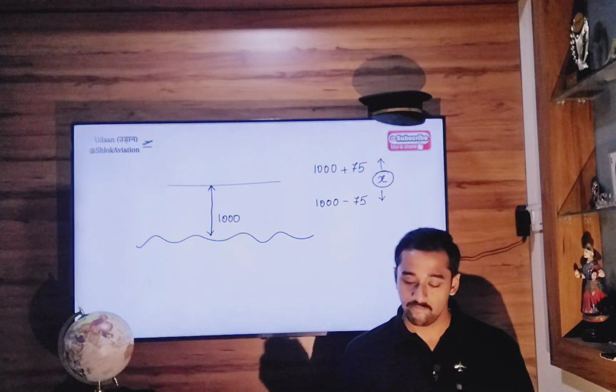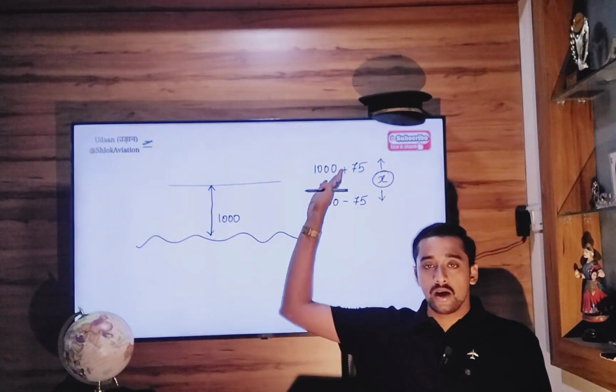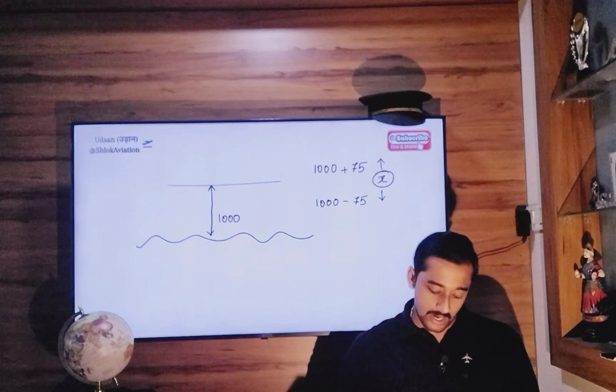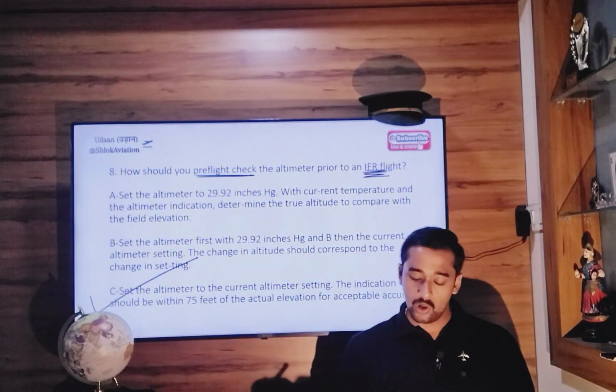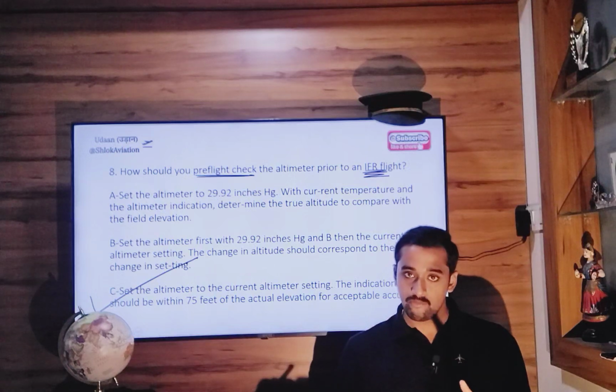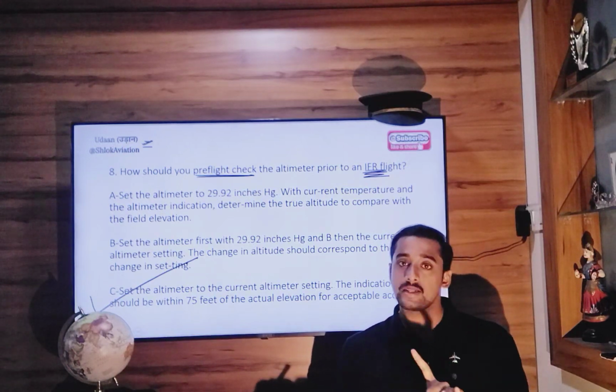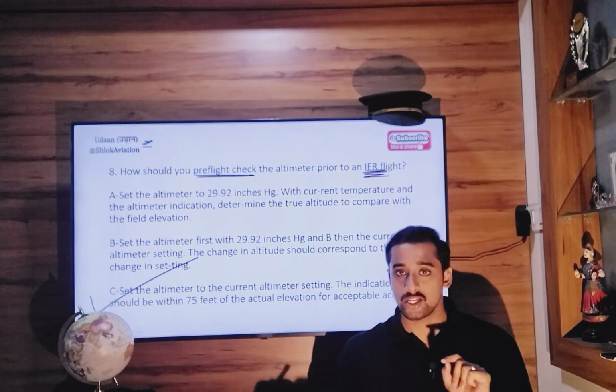If it exceeds this tolerance, above or below, you will have to get your altimeter inspected. So the correct answer is set the altimeter to the current reported setting, and the indication should be within 75 feet of the airport elevation.